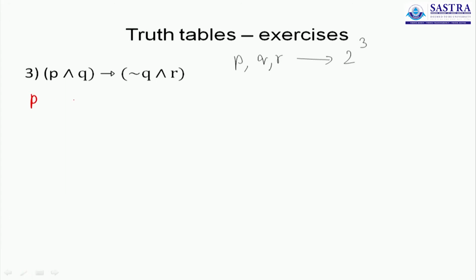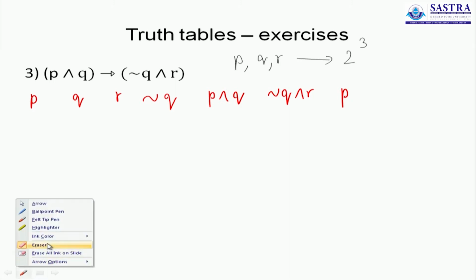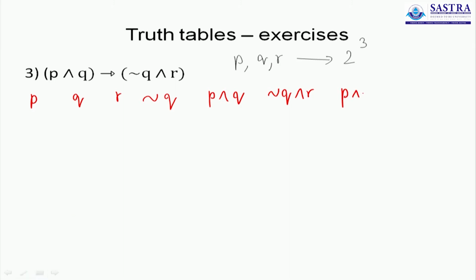You have a P, you have a Q, you have an R. There is no negation R. Now you have a negation Q. You have a conjunction between P and Q. You have a conjunction between negation Q and R. And you have a conditional between columns 5 and 6.